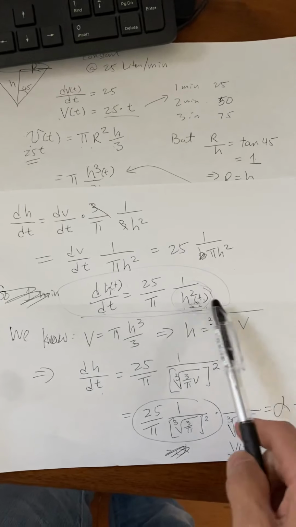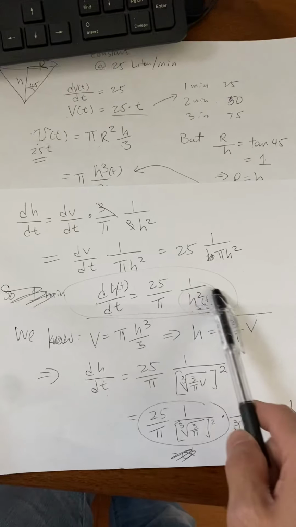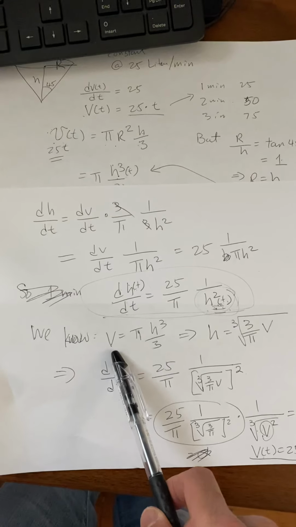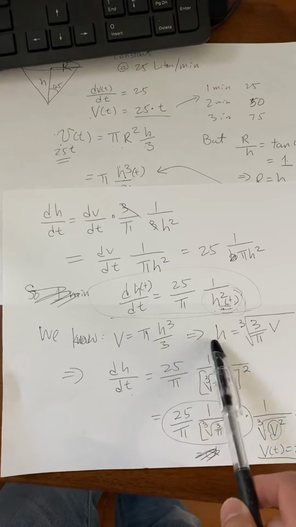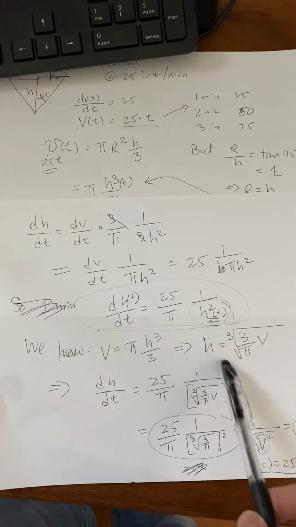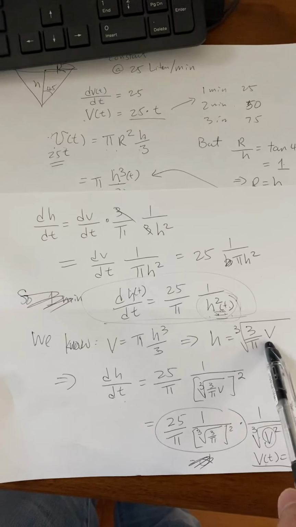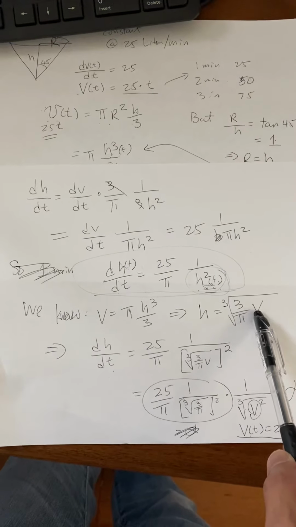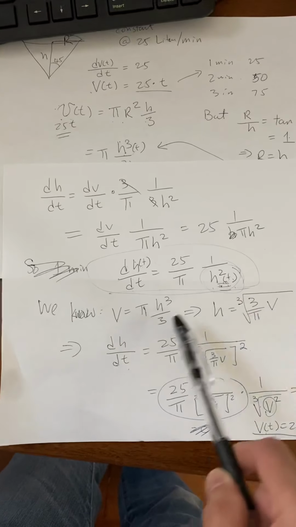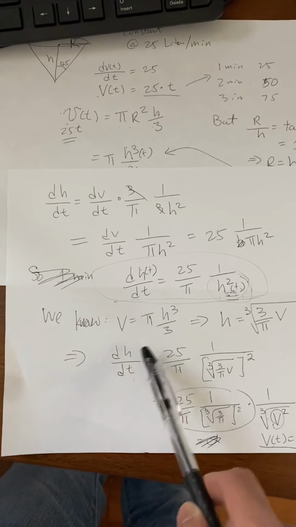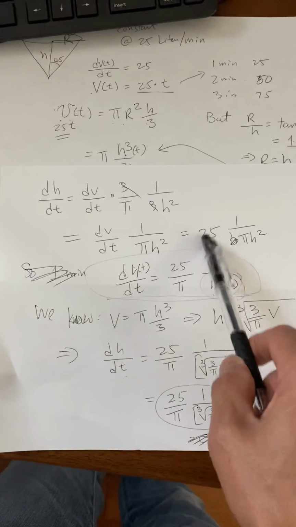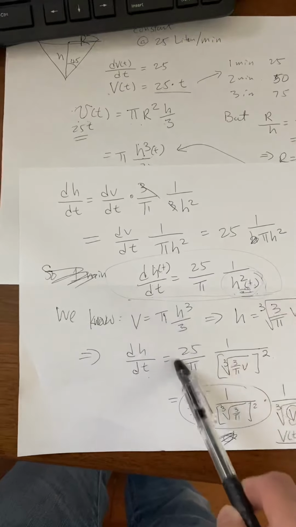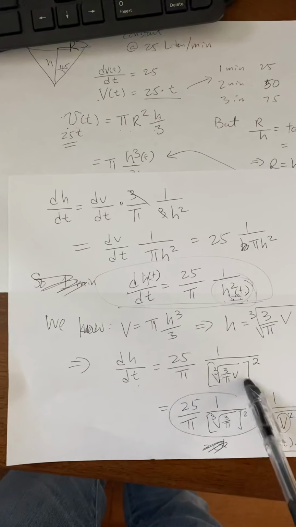Now we need to figure out at what given time what this height is. Now remember this, right? Volume, as we discussed, equals that, and then height equals these. That's a simple equation. Take a cube root and like that. And V is equal to what? 25t, right? So now if you substitute dH/dt, which is here, and then take the pi out, and then this is h squared basically, right?